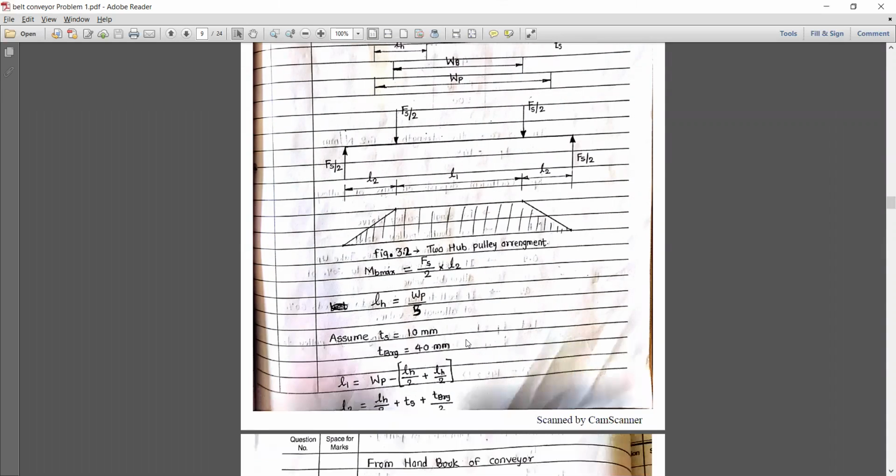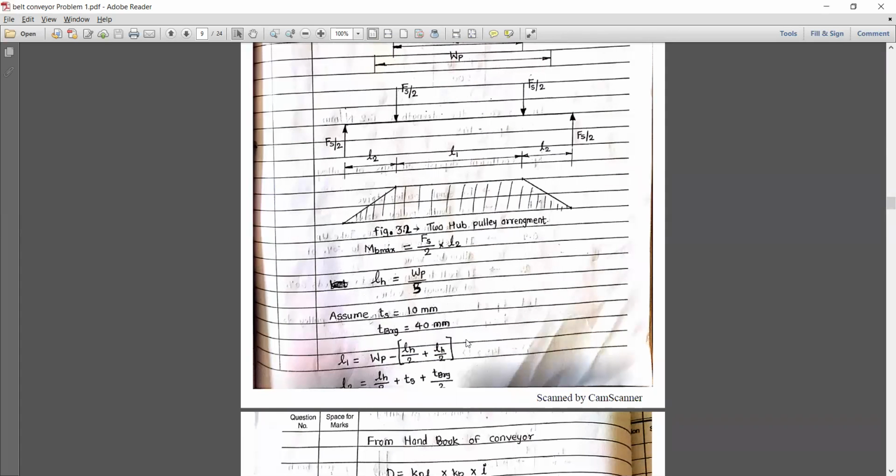The distance is given L1 or L2, so the outside length we are considering is L2. From the reaction purpose, when we calculate the maximum bending stress, that is called moment, we calculate it by using Fs by 2, that is a force, into the distance L2.